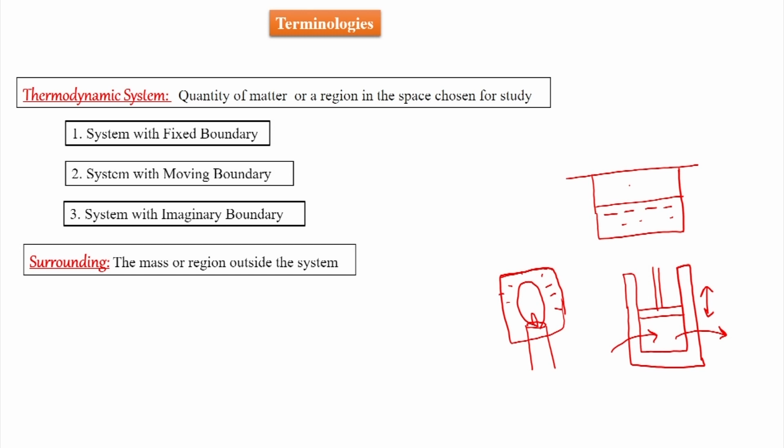The volume or mass which is not considered, or which remains outside the system, is called the surrounding. So, everything outside the system is called the surrounding. These two are the basic things related to thermodynamics. Having said this, now we will see the different types of systems.